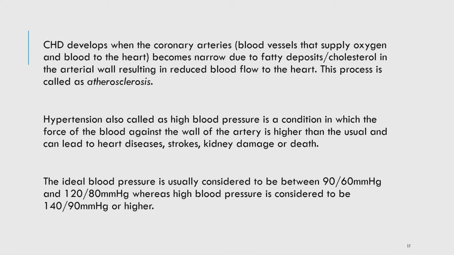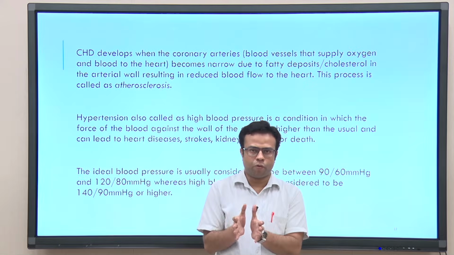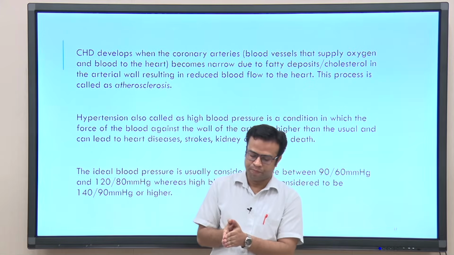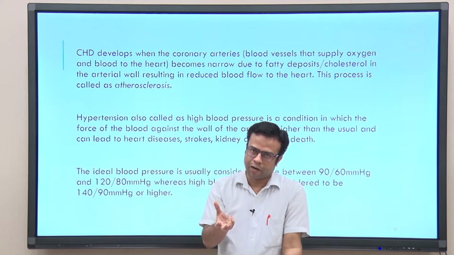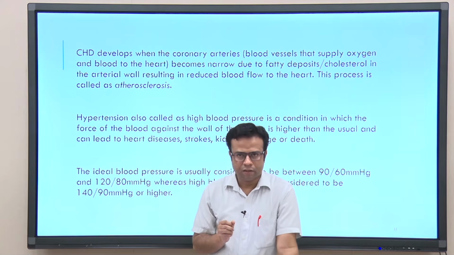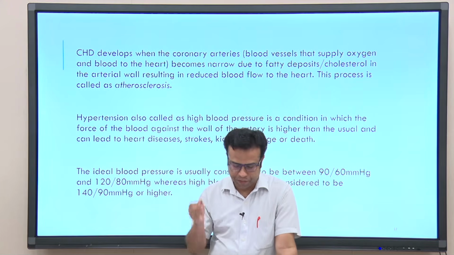This is called atherosclerosis. We will look a little deeper into that also. So, this is one of the primary reasons for heart disease, that is, the blockage in the artery by cholesterol or fatty deposits.